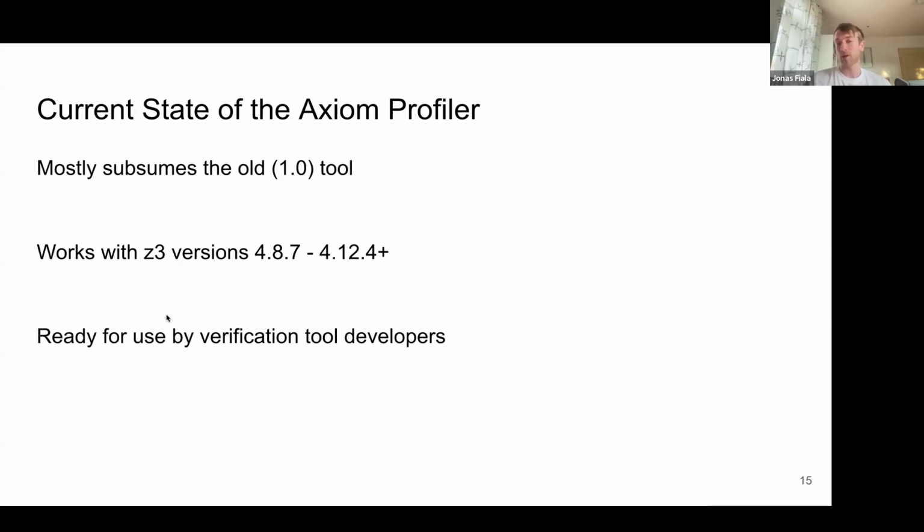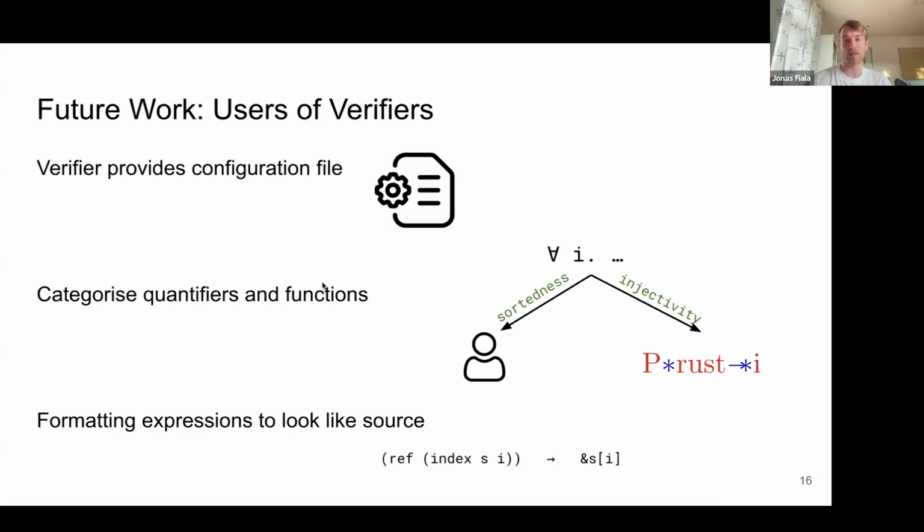The takeaway message is that this is already a very useful tool for people who are building verification tools, so for people who have to write axioms and do the encoding into SMT files themselves directly. But there are also some next steps that we definitely want to take. One of these next steps is to make the tool just as useful for users of the verifiers.